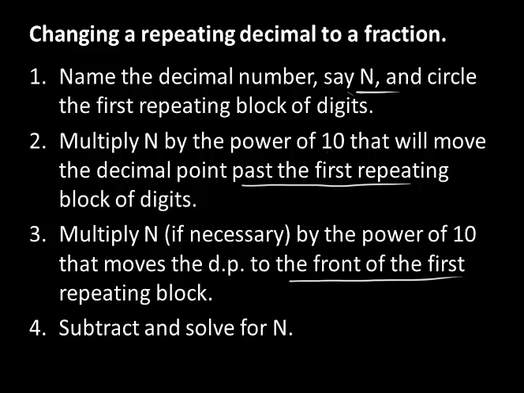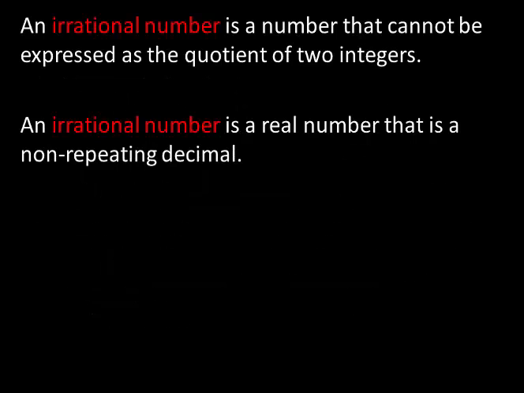But sometimes you have to multiply that by something in order to get the decimal parts of the 2 numbers exactly the same, to the right of the decimal point. Subtract and solve for n. So you could write down these steps and back up and go through the last 3 examples and see exactly how I used those 4 steps. In examples 1 and 2, I didn't need to use step 3.